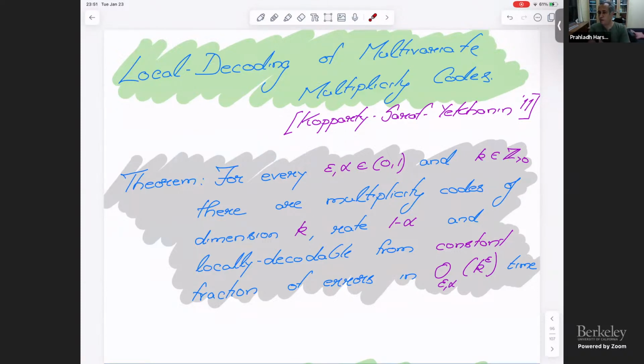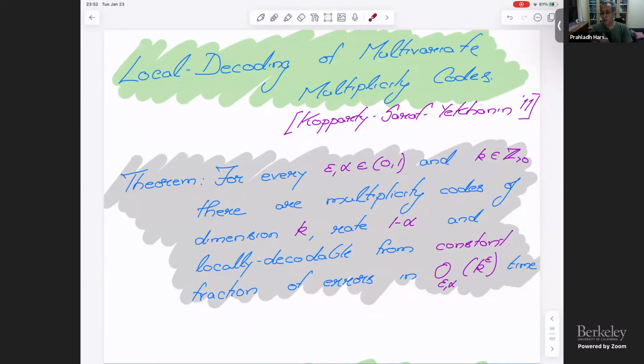So you never get high rate codes which are locally decodable. It was open for a long time whether there exist codes with rate better than half, in fact rates all the way close to 1, which are also locally decodable with sublinear query complexity. And Kopparty, Saraf, and Yekhanin discovered multivariate multiplicity codes precisely for this reason.